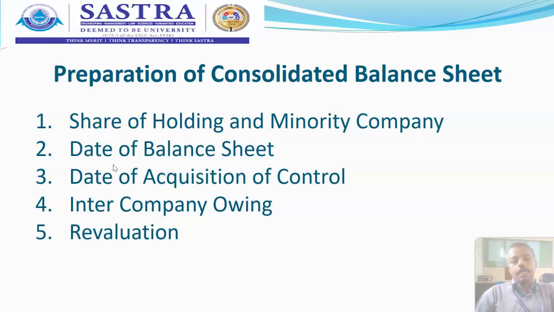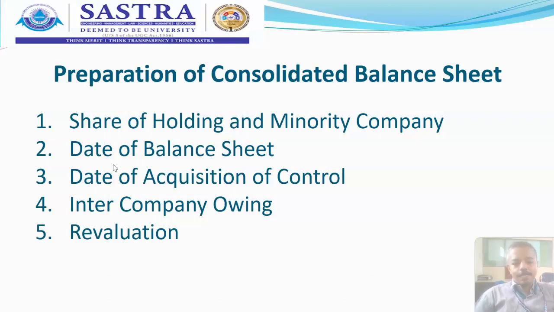The third, the date of acquisition of control in subsidiary companies, is most important to decide the proportion in which we can take the share of minority. If the period is so limited, for example only 3 months or 2 months, then accordingly we need to calculate the proportion.